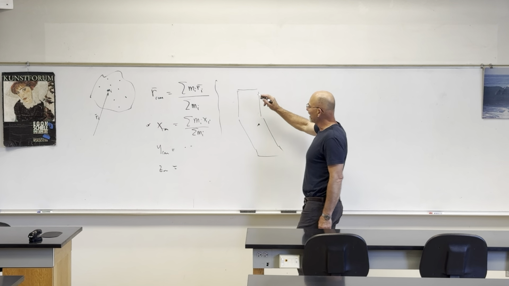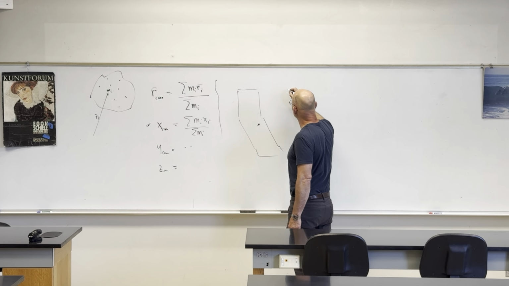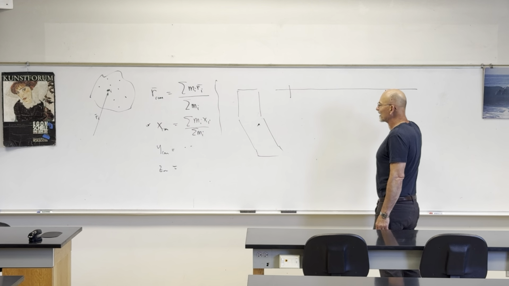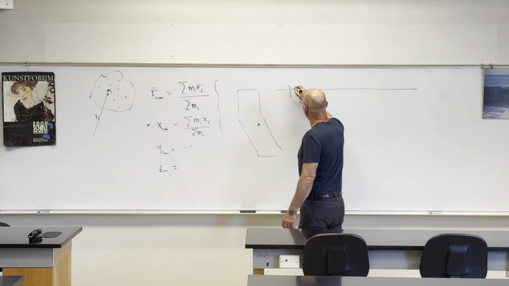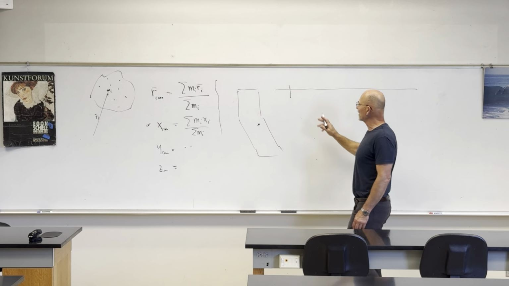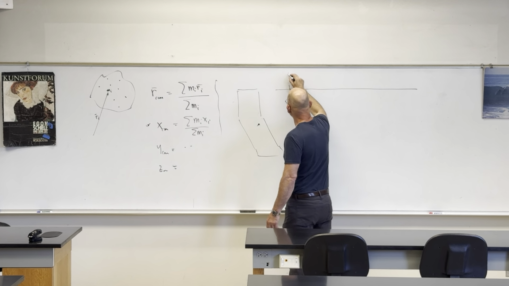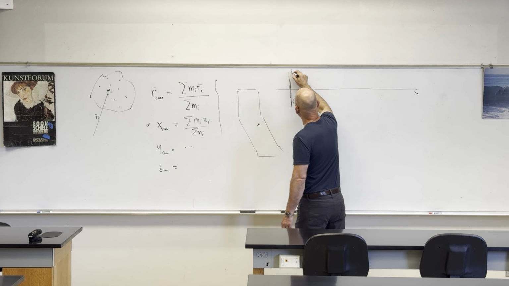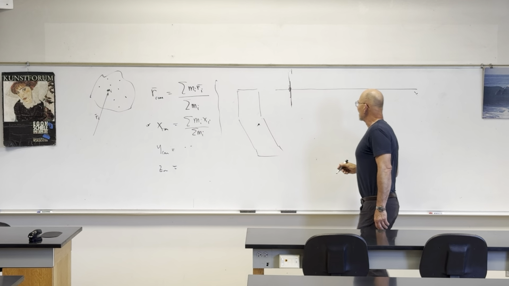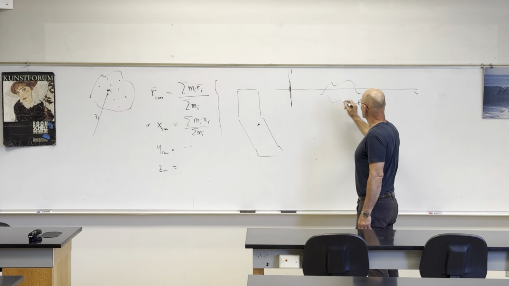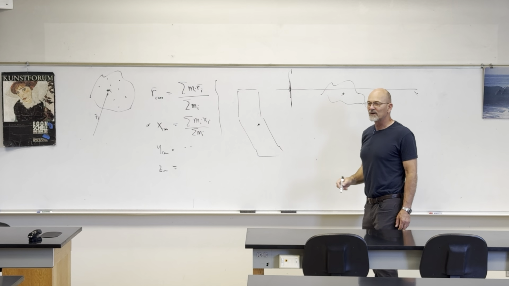And I'll just repeat what I had done the first time. If you're on the number line, it doesn't matter where you take your origin, you're going to get the same center of mass. Or if you're in three dimensions, with x, y, z coming out of the board, it doesn't matter where you take your origin; you're never going to get the center of mass at a different point on the body.